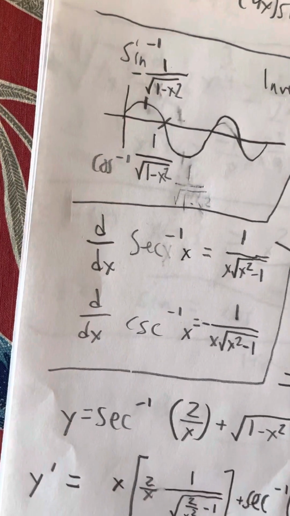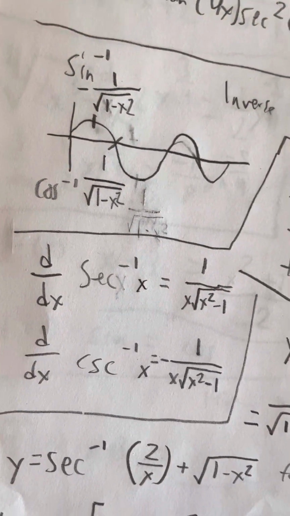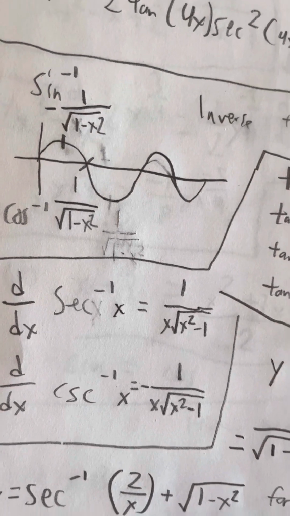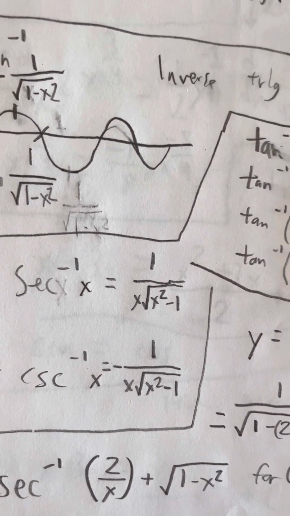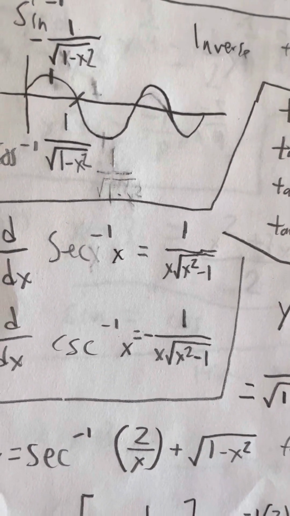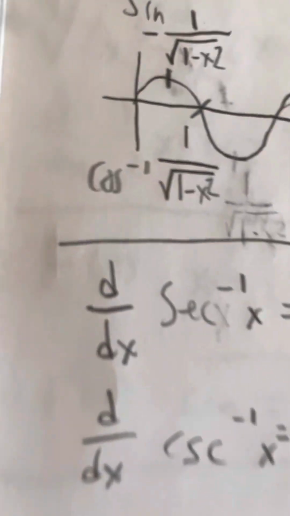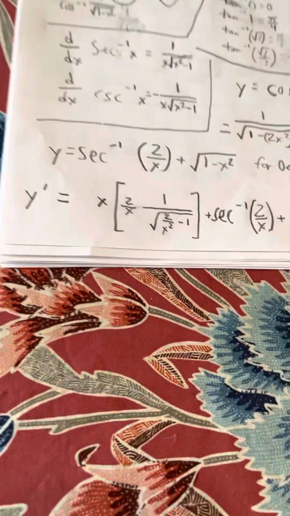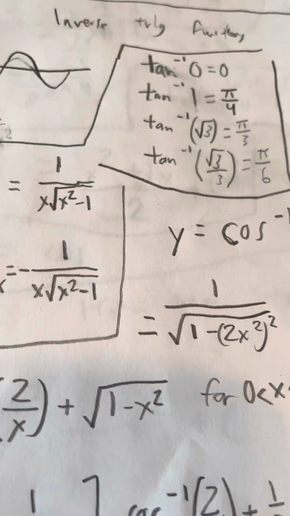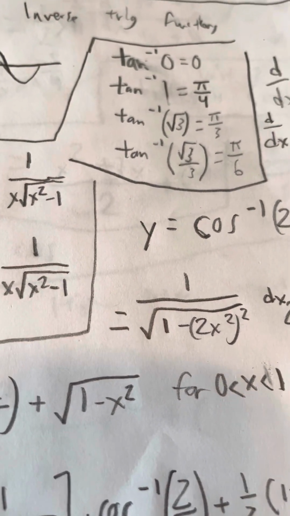And then d over dx, secant negative 1 x is 1 over x radical x squared minus 1, and negative that for cosecant. Here are some solved problems for tan. Take a look at them. Pause the video.